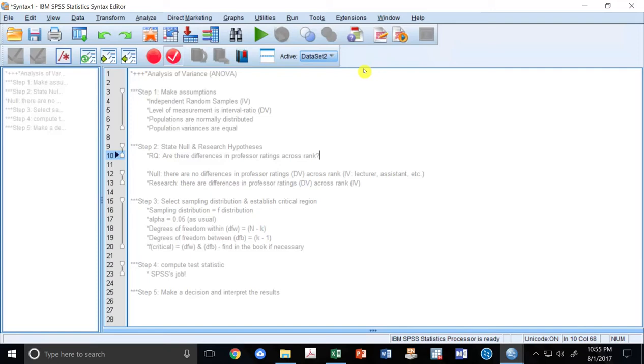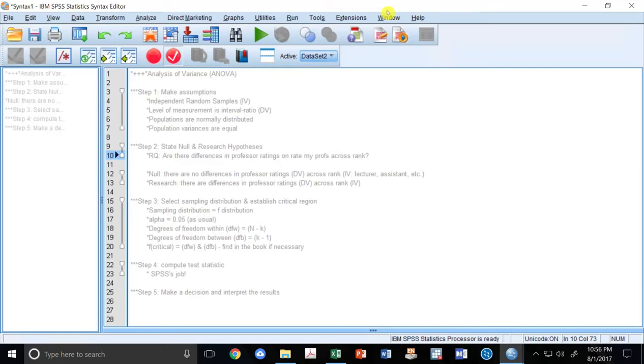So my research question would be something to the effect of, are there differences in professor ratings? And I could be more specific on Rate My Professors across rank, right?